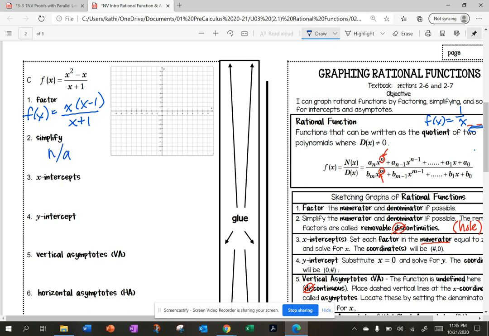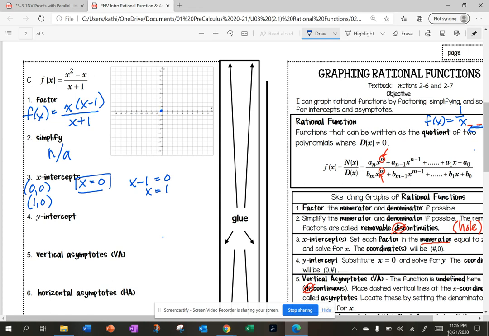So for my x-intercepts, this is where I set the numerator equal to 0. So x equals 0, and I set each factor, so x minus 1 equals 0. So I already have one x-intercept here, that's going to be at (0, 0). And this one is at x equals 1, so this is (1, 0). So let's go put those on.